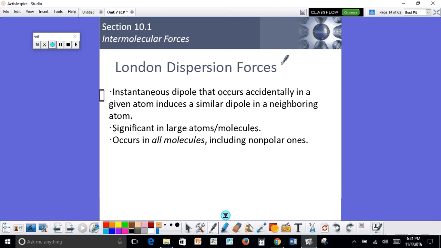The first thing I want you to know about London dispersion forces is that they exist in all molecules.